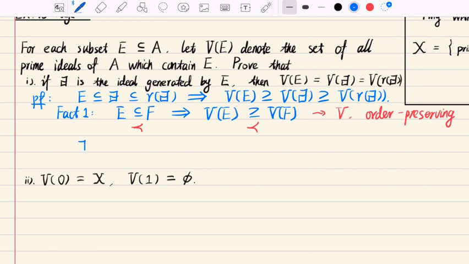What is A? A is in fact the intersection of all the ideals containing E. And what is the radical of A? The radical of A is in fact the intersection of all the prime ideals containing A.